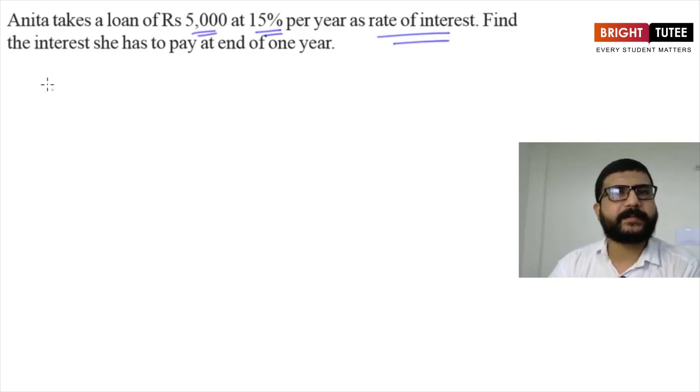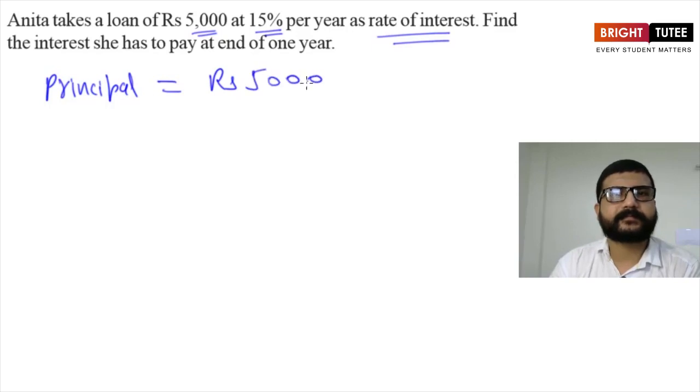So here what is the principal amount? The amount which is borrowed, that is principal amount, is rupees 5,000. And what is rate of interest? Let's represent it with R. R is rate of interest. It is 15%.